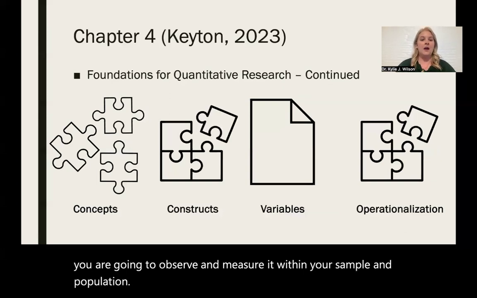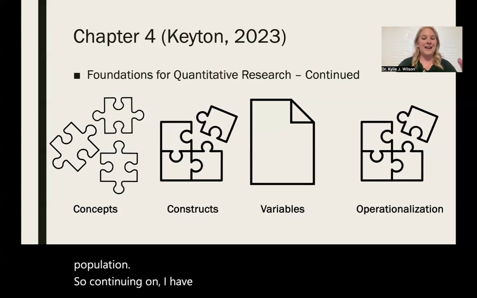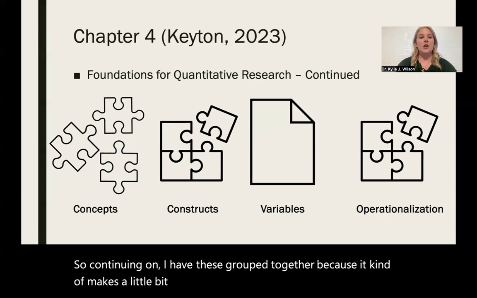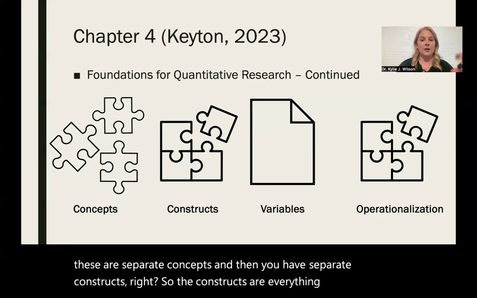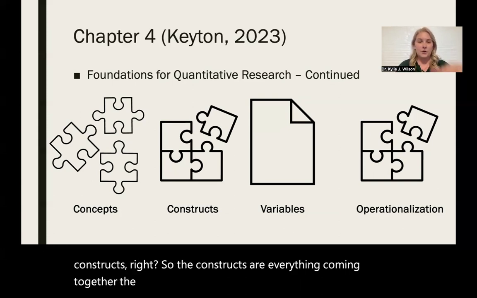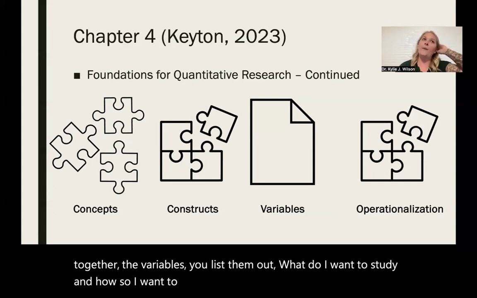So continuing on, I have these grouped together because it makes a little bit more sense this way. Each of these are separate concepts, and then you have separate constructs, right? So the constructs are everything coming together. The variables, you list them out. What do I want to study and how? So I want to study stigmatization in neurodivergent individuals.